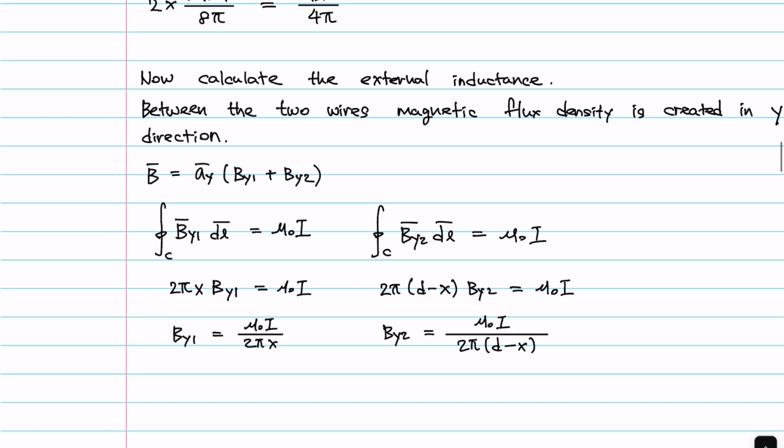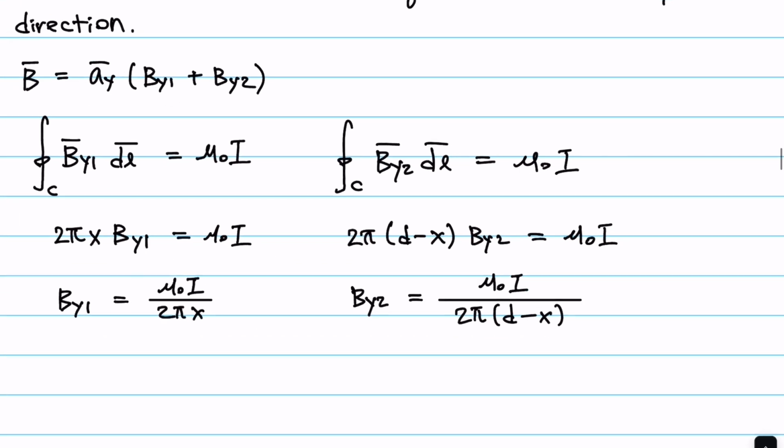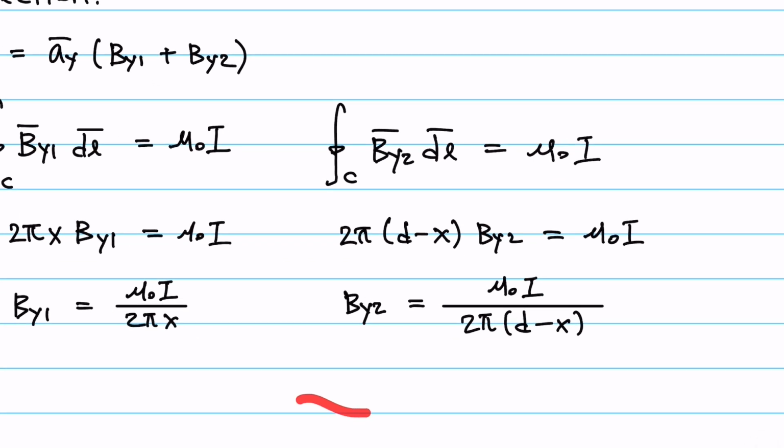So you have these two different lengths, and that equals the B values contributed by the two conductors, and you can see that mu naught I divided by 2 pi x, and the other is mu naught I divided by 2 pi times d minus x.